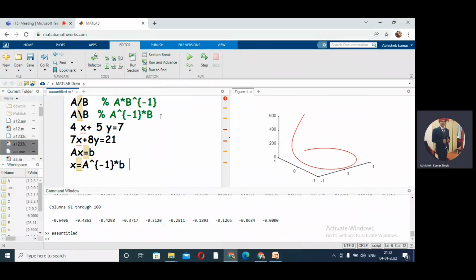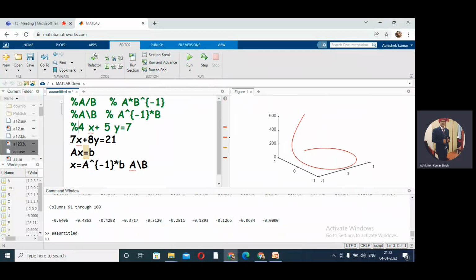Tell me, right division, right? A slash B. So I'll put all this as a percentage comment, so it won't be part of the program.